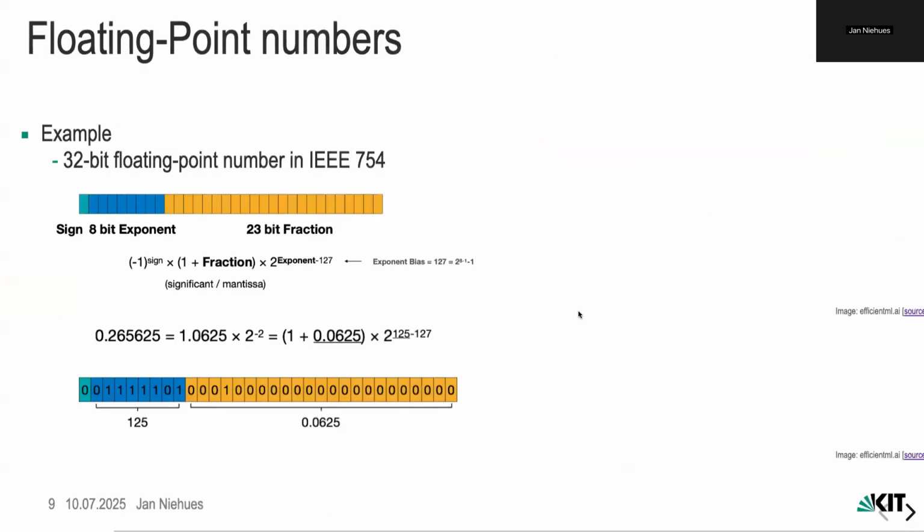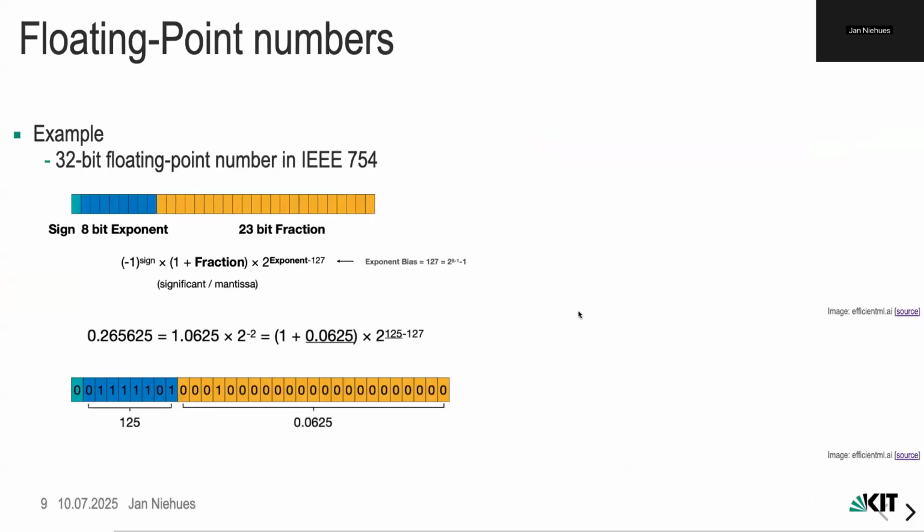And then we're coming to the other numbers, which are floating point numbers. That's a typical thing in neural networks, where you have your sign and you have your 8-bit exponent, for example, and then 32-bit for the fraction.